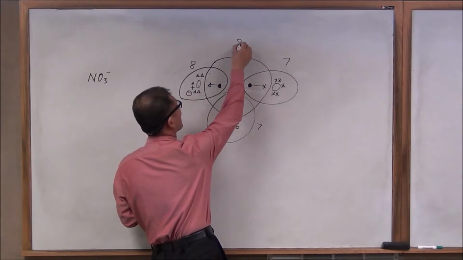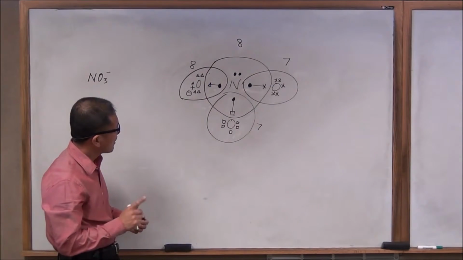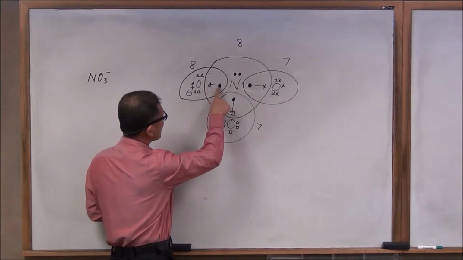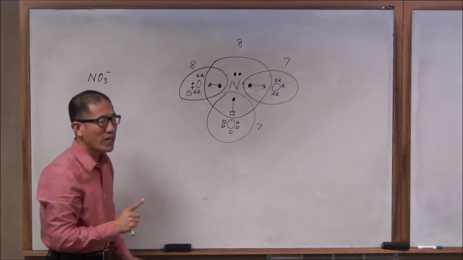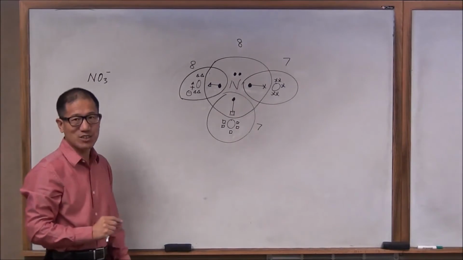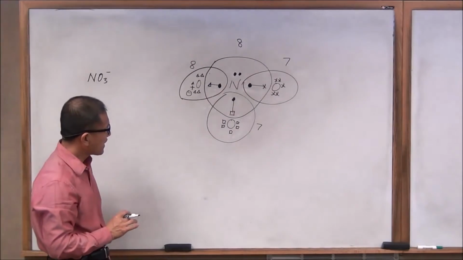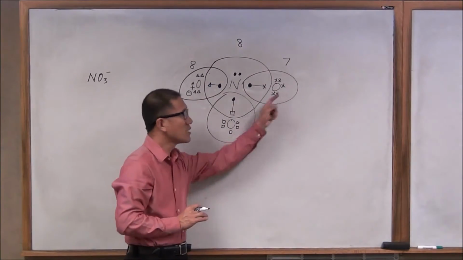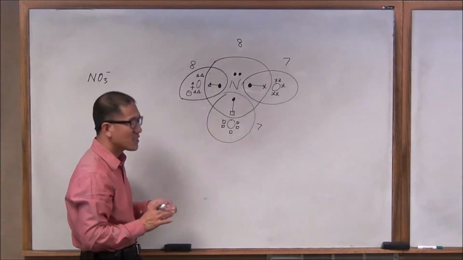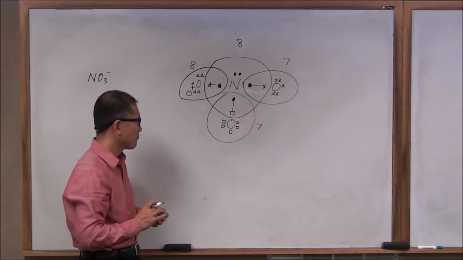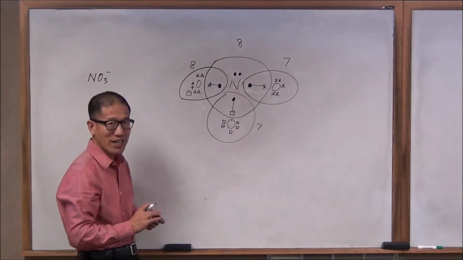We only have 8 electrons around this nitrogen atom. Let's double check. 1, 2, 3, 4, 5, 6, 7, 8. Yes, we only have 8 electrons around the nitrogen atom. After this step, we find that we have 2 atoms with less than 8 electrons. So in this case, this is not a legal Lewis structure. We have to make sure every atom has 8 electrons around it.